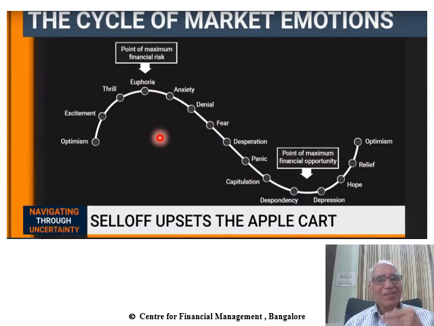This is likely to be followed by anxiety, denial, fear, desperation, panic, capitulation, and despondency, leading to irrational despondency and highly depressed prices. This is likely to be followed by hope, relief, and optimism, and another cycle begins. If we look at a cycle like this, we find that prices often deviate from intrinsic values under the influence of emotions.